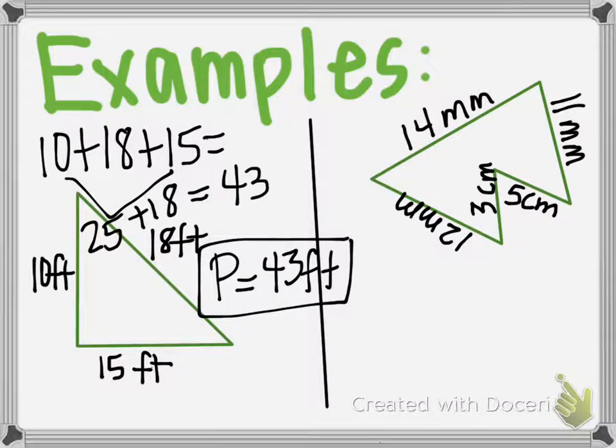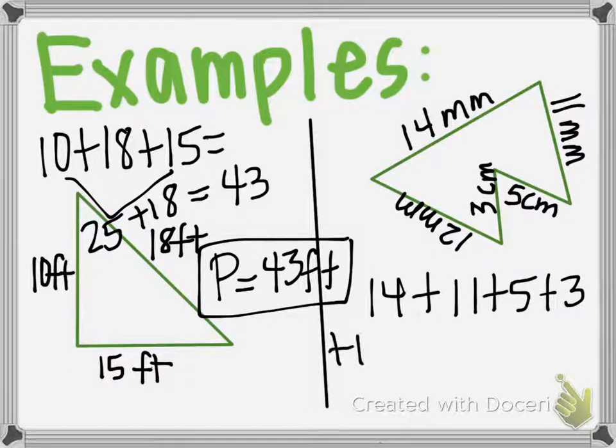The second example is an irregular shape. So students would be expected to add all the known lengths together to determine the perimeter. So the number sentence would look like 14 plus 11 plus 5 plus 3 plus 12. Again, I would suggest students find numbers that are easy to add.